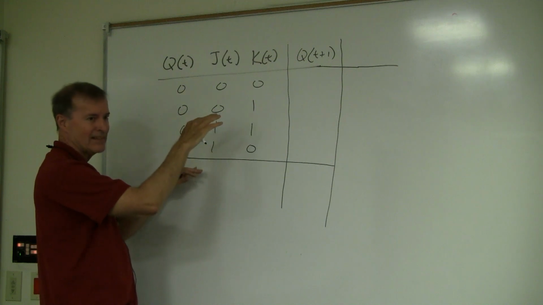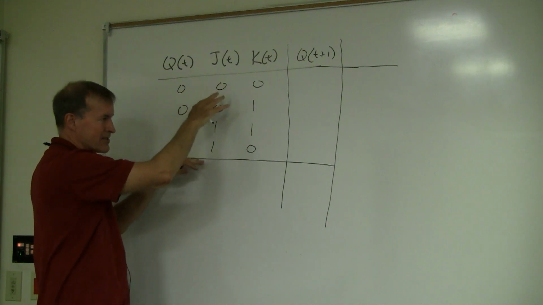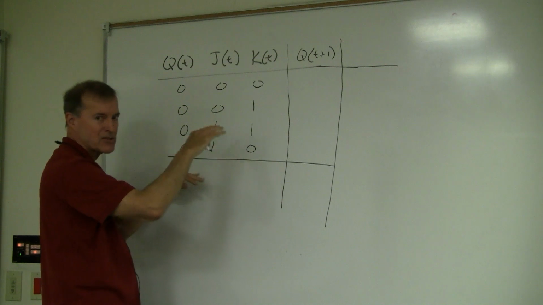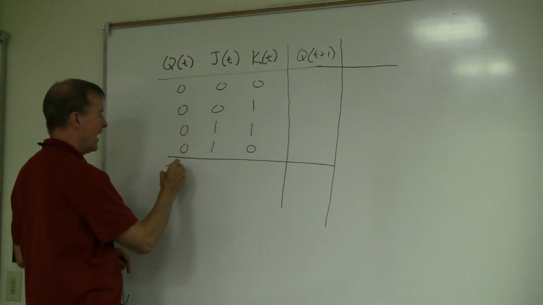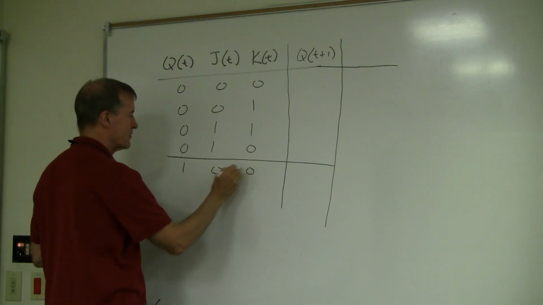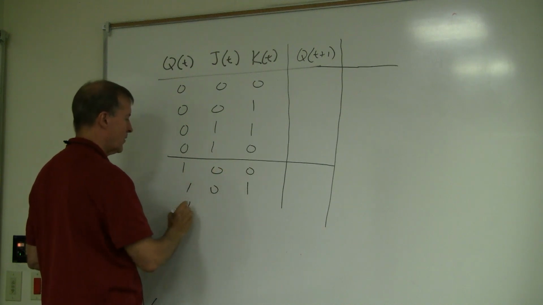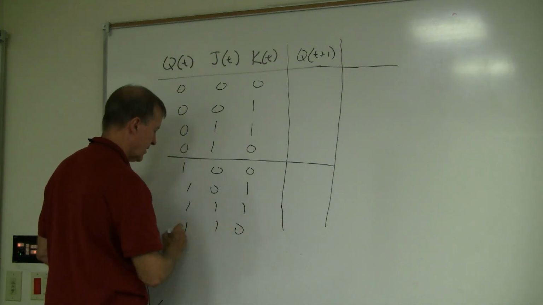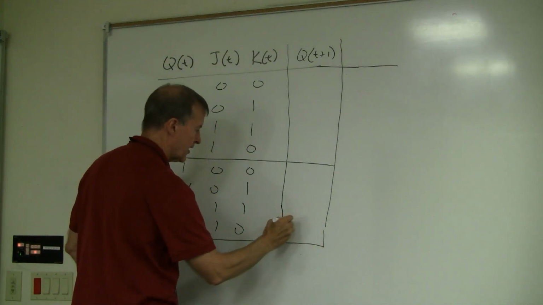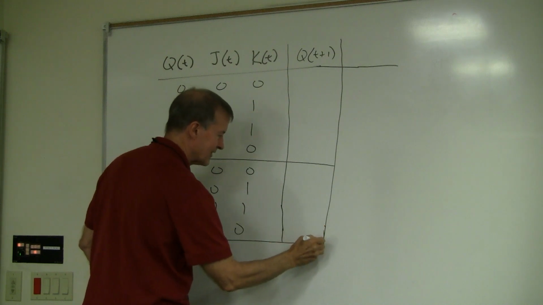We're looking ahead, because we're going to have to transfer this to the Carnot map, so that transfer will be easy. And then we have 100, 101, 111, 110.